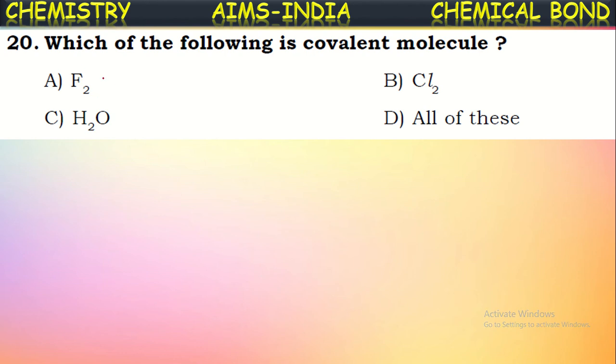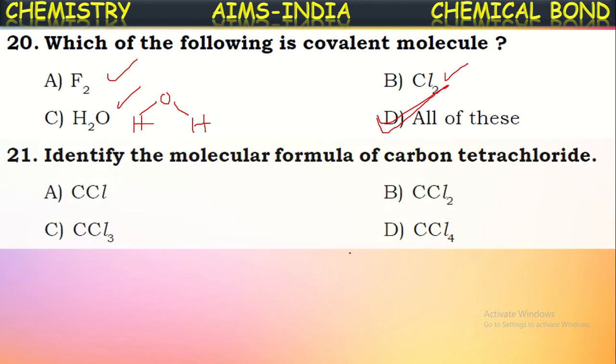In the F2 molecule, one pair of electrons is shared. And in the Cl2 molecule also, one pair of electrons is shared between the two chlorine atoms. In the formation of the water molecule also, two pairs of electrons are shared, one with each hydrogen. So this is also having covalent bonds. All the three molecules are having covalent bonds only. So what will be the correct answer? All of these.